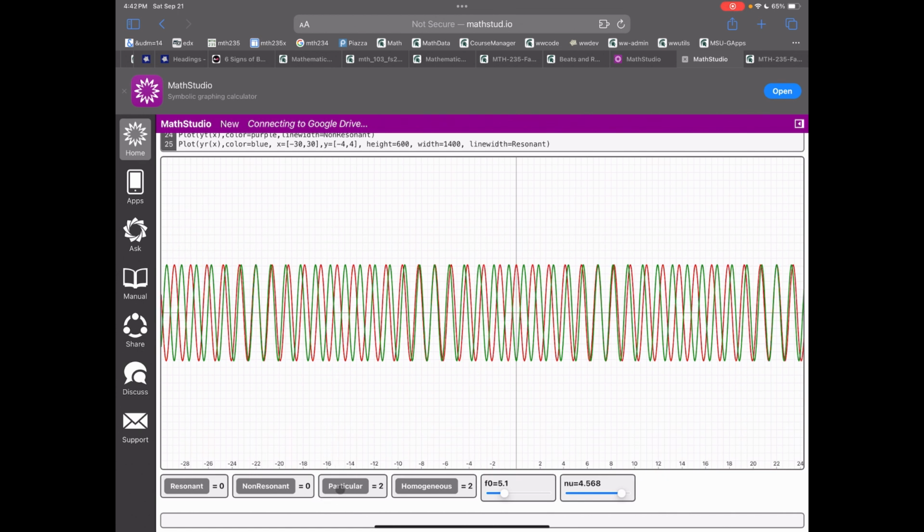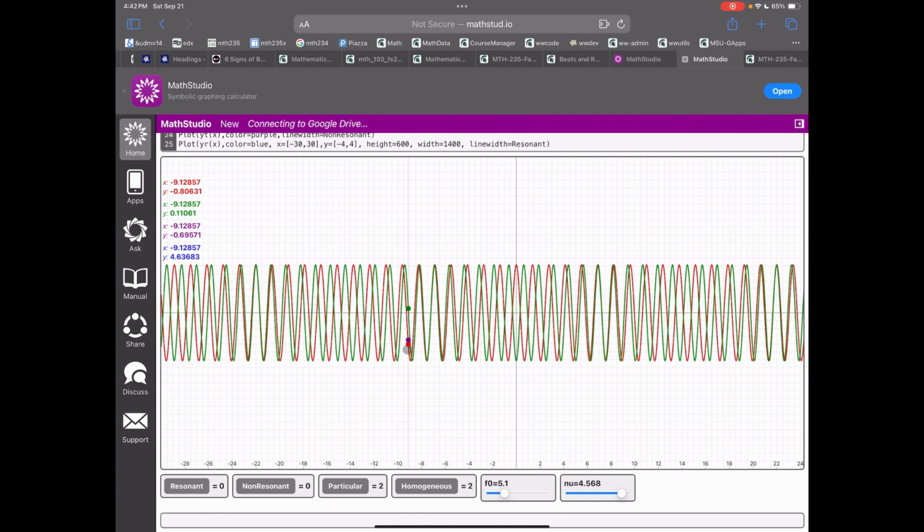So here it is. For example, here you see that both solutions coincide. But because the solution in red has a slightly different frequency from the other solution, it starts to get out of phase. At some point here, you see it's completely out of phase, and then the same thing happens: in phase again, out of phase, and so on.